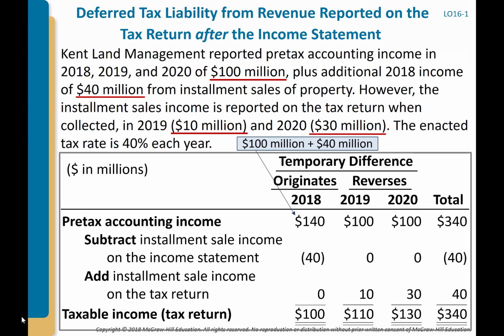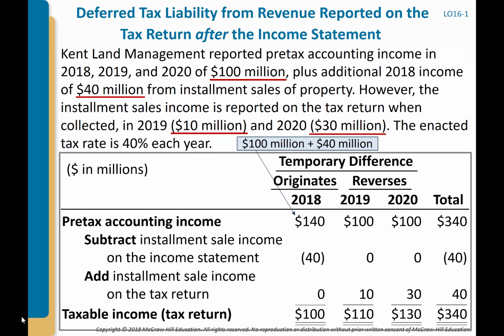Okay. And so we have this Kent Land Management, and they reported pre-tax income in 2018, 2019, and 2020. And you can see the respective amounts: $100 million in 2018, plus an additional $40 million from installments. So we have our pre-tax accounting income, $100 million plus an additional 40 from installment.